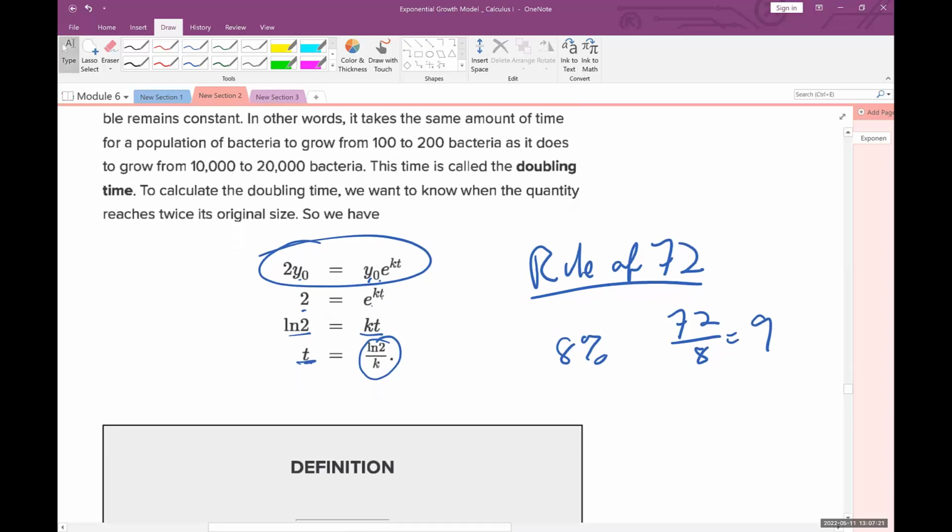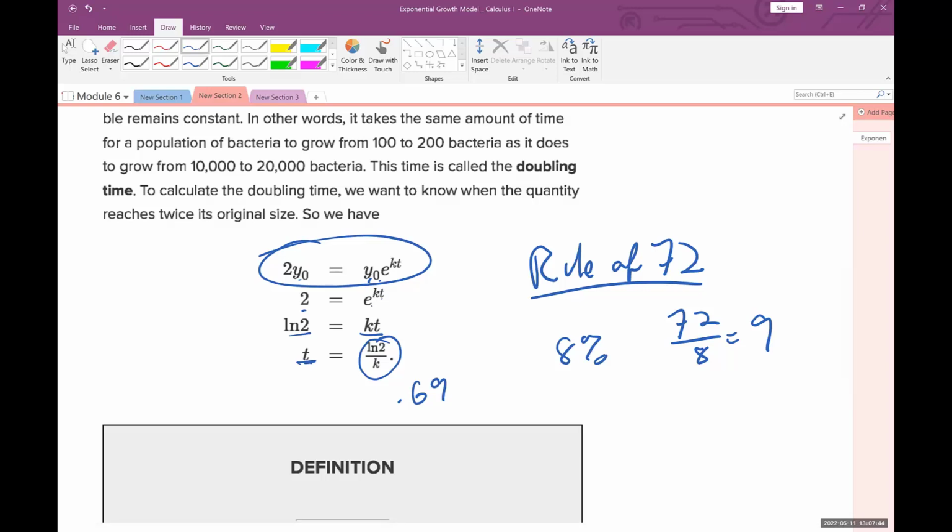Can someone take their calculator and punch in natural log of 2? What's natural log of 2? 0.693147186. So 0.69, if I stop there, it should be the rule of 69.